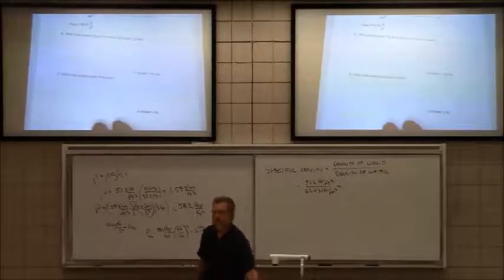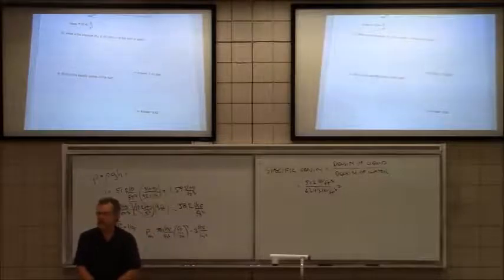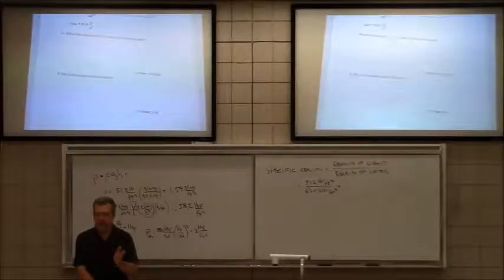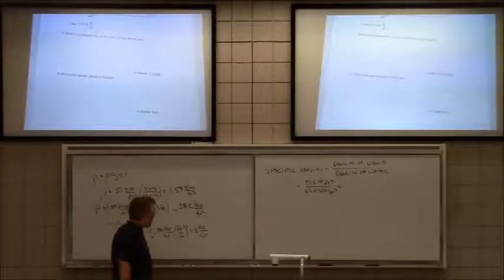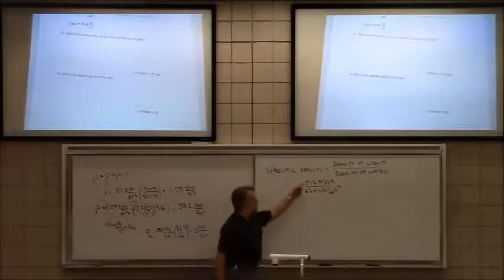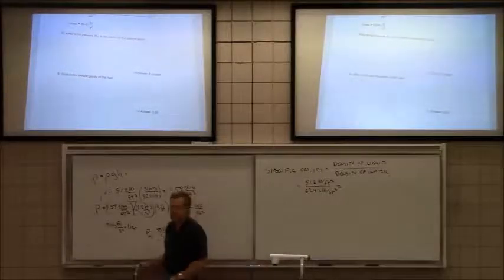Okay. You'll notice that I don't have to convert to slugs here because the specific gravity is unitless. Okay, so if I'm in consistent units, I could have converted both of these to slugs. It would have been dividing both of them by 32.2. We didn't need to do that. It comes out unitless.